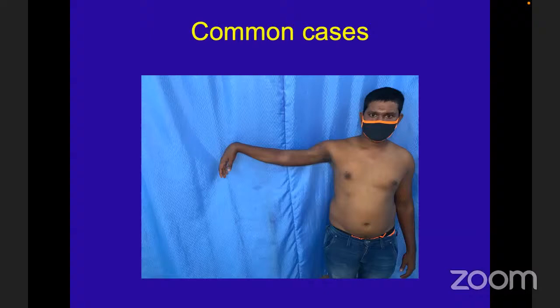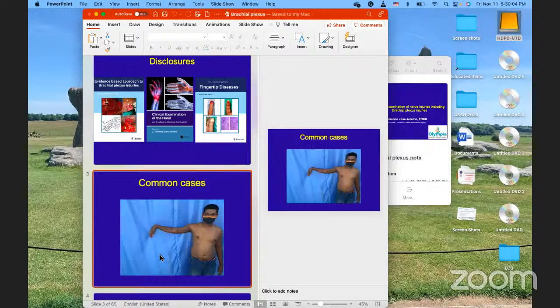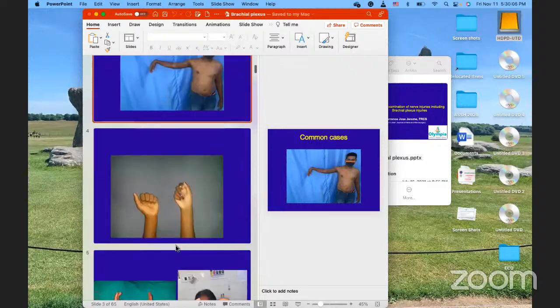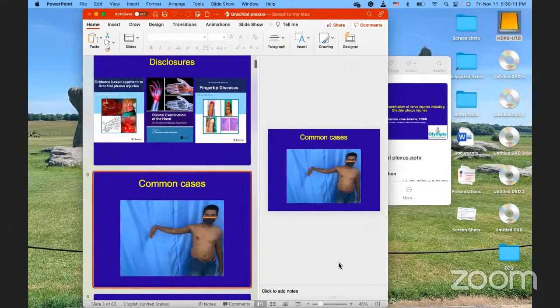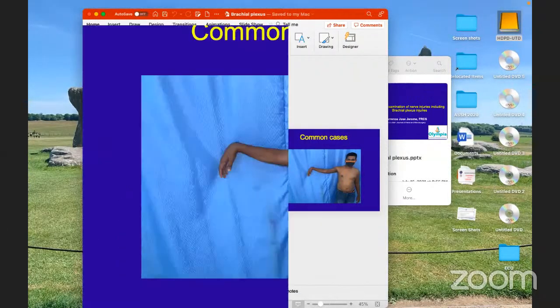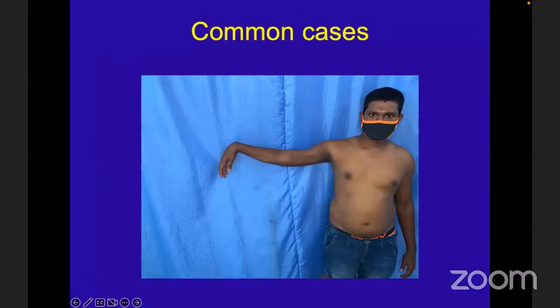Perfect. So the most common presentation we come across with any brachial plexus injury is a wrist drop.